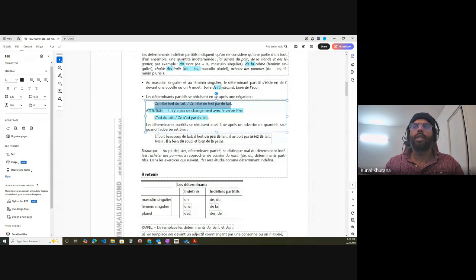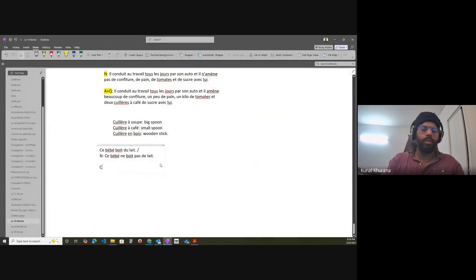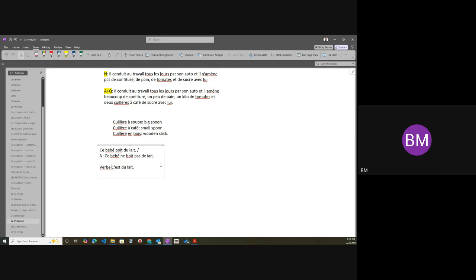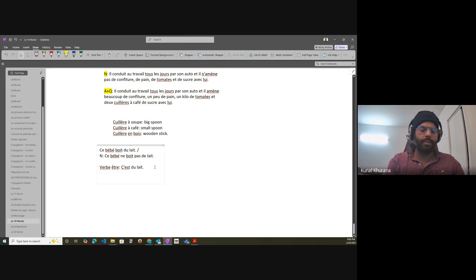c'est du lait. Then it remains as is. So this is a phrase with verb être. And if we have a negation with that, it remains as is. Ce n'est pas du lait. So this is very important here. It doesn't change in case of être. It remains as is.